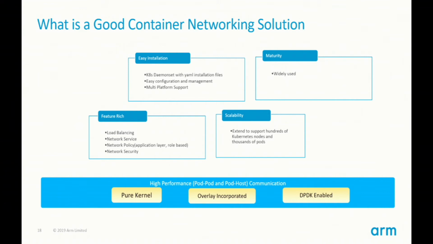On the low level, we think about lower-level networking support, such as whether the networking is done via the pure kernel, overlay, or DPDK enabled. For easy installation, we think a Kubernetes daemon set with YAML file installation is very simple, along with easy configuration and management, and multi-platform support.